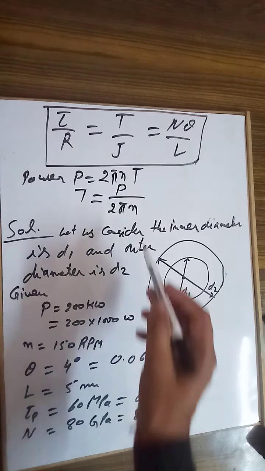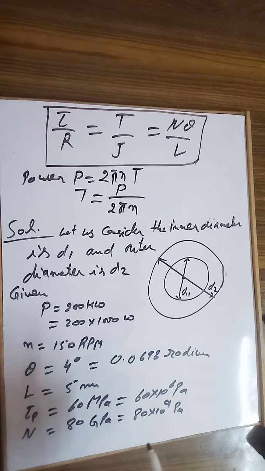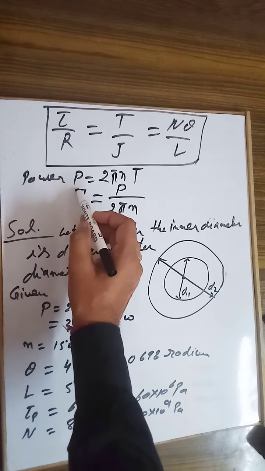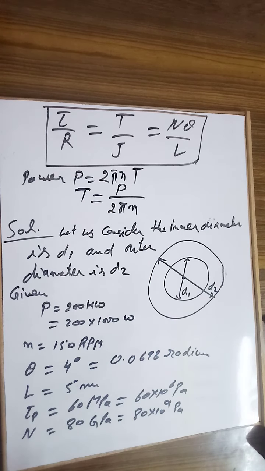Okay, so n is the 150 rounds per minute, the number of rounds per minute. Here, if we are following the SI system, then we need to convert this into rounds per second in place of rounds per minute.